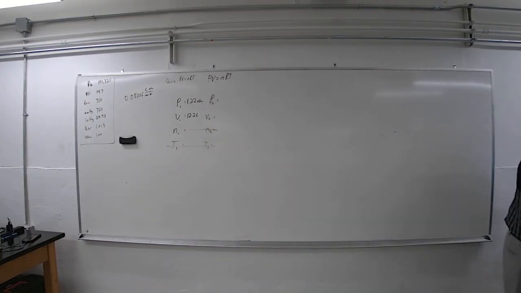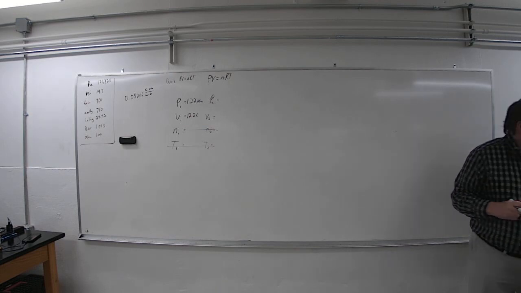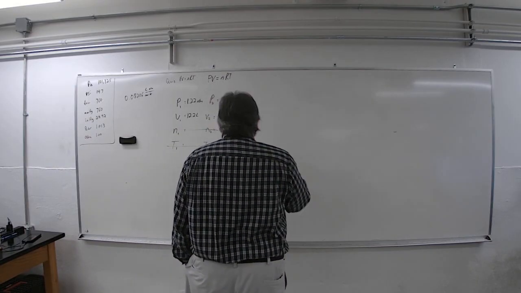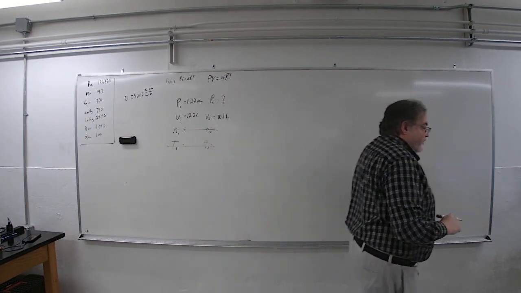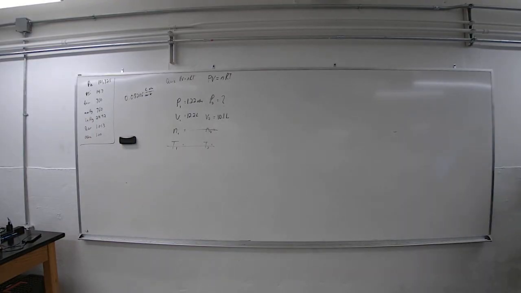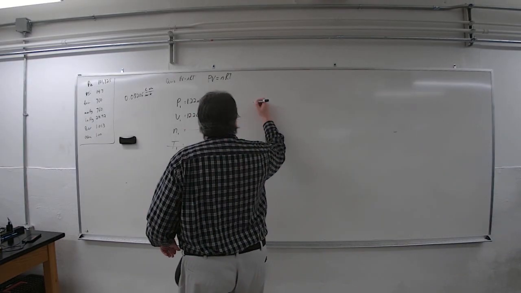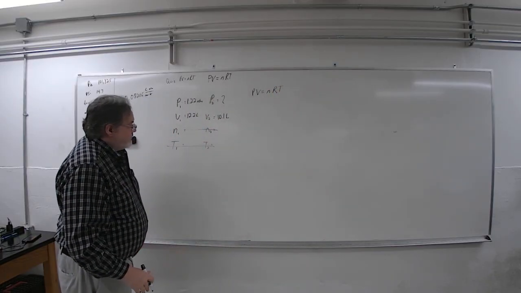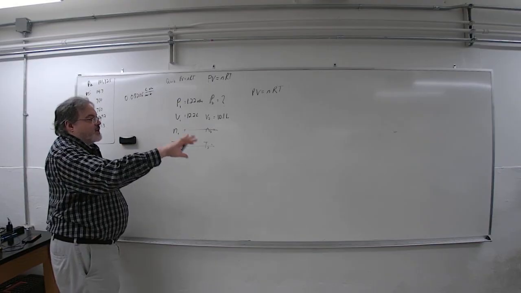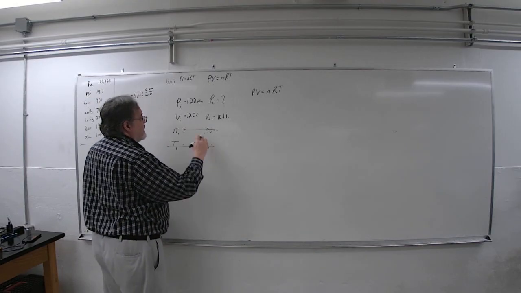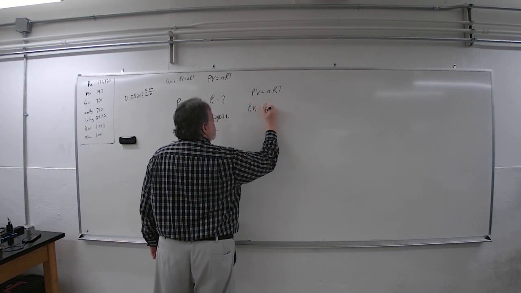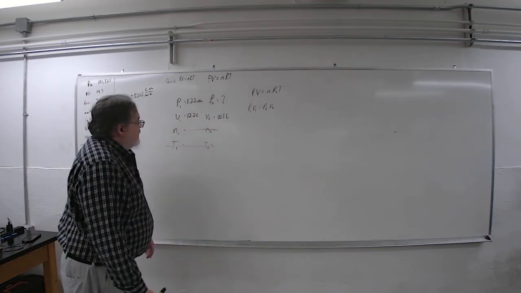It tells you final volume is 10.1, and you're asked for the pressure. Start with that. You want everything changing on the left and everything not changing on the right. It happens to already be the way we want it. Pressure and volume is on the left. So this is pressure 1, volume 1, pressure 2, volume 2. And then you solve.